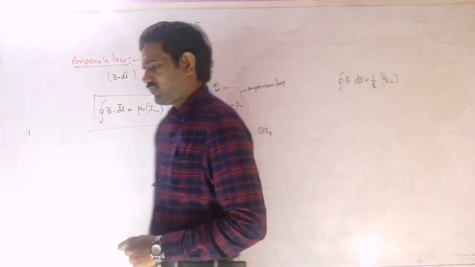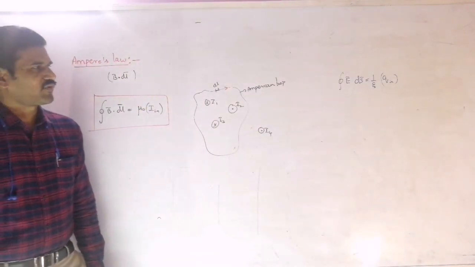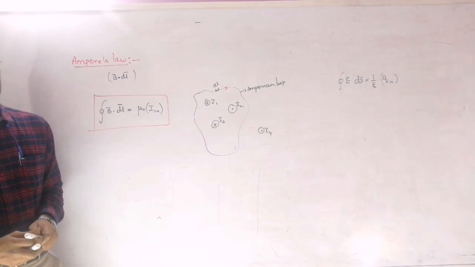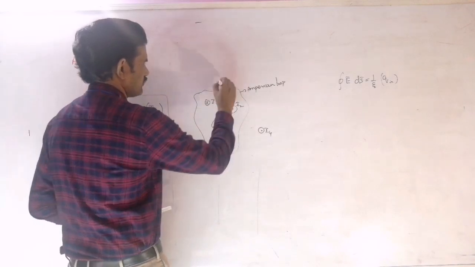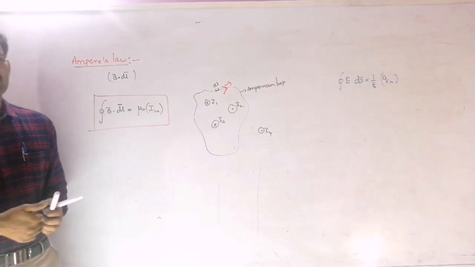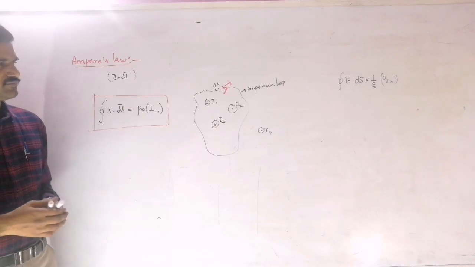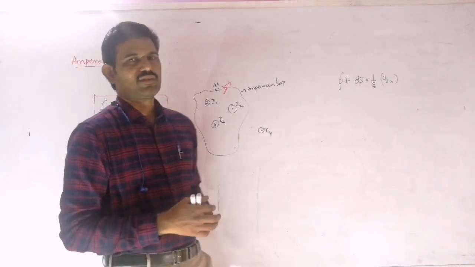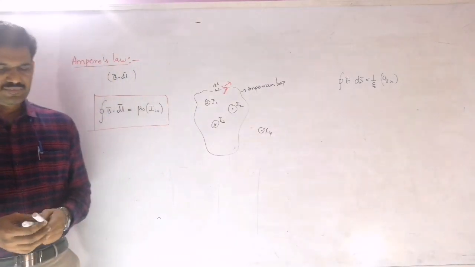Curl of four fingers of the right hand indicates the direction of integration. Then the thumb gives the direction of positive current.